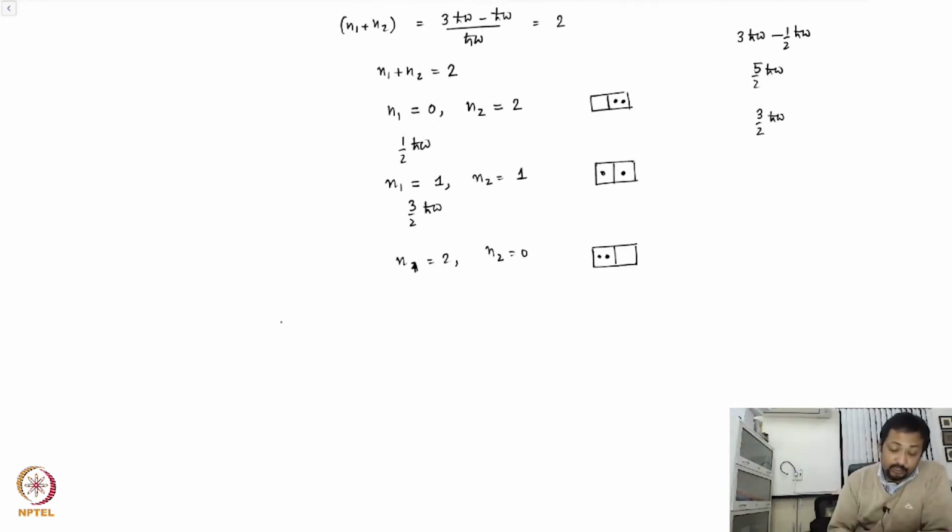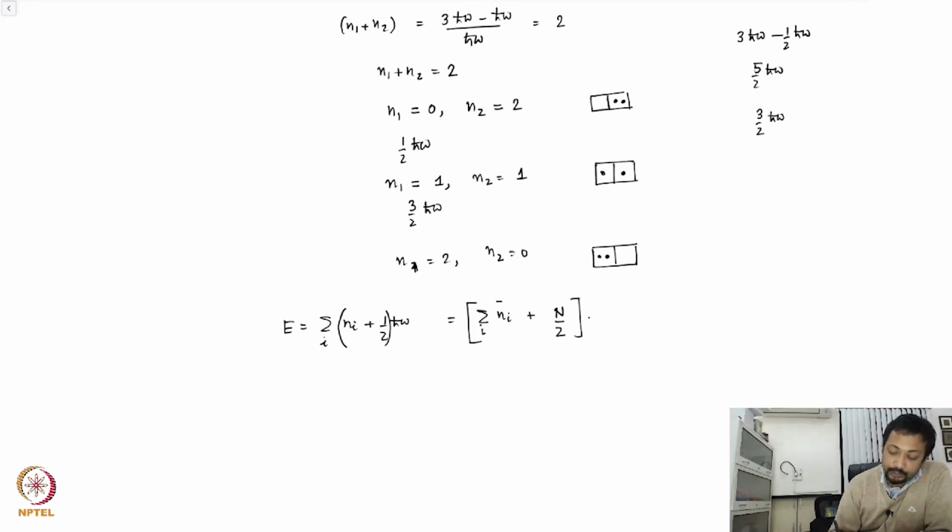So going back to the general case where I had E is equal to the sum over i of (Ni plus half) h bar times omega, which gives me the sum over i of Ni plus n by 2, times h bar omega.